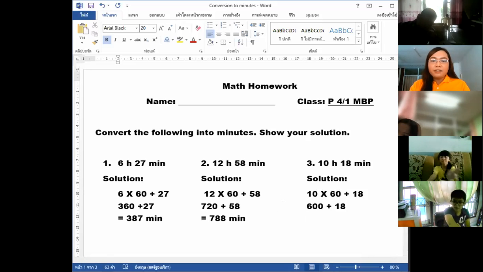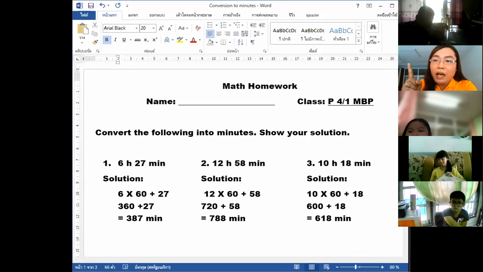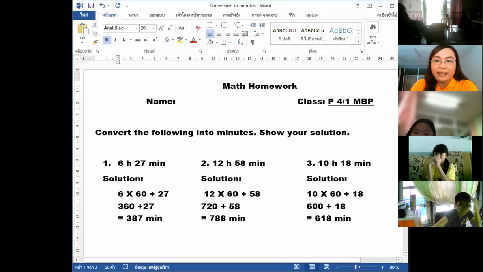So what is the final answer? 618 minutes. Okay, remember 1 hour is equivalent to 60 minutes and 1 minute is equivalent to 60 seconds.